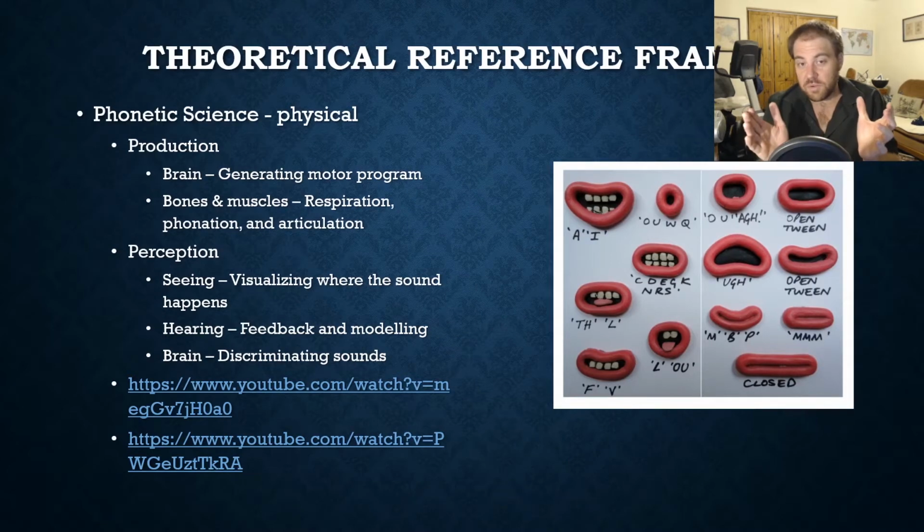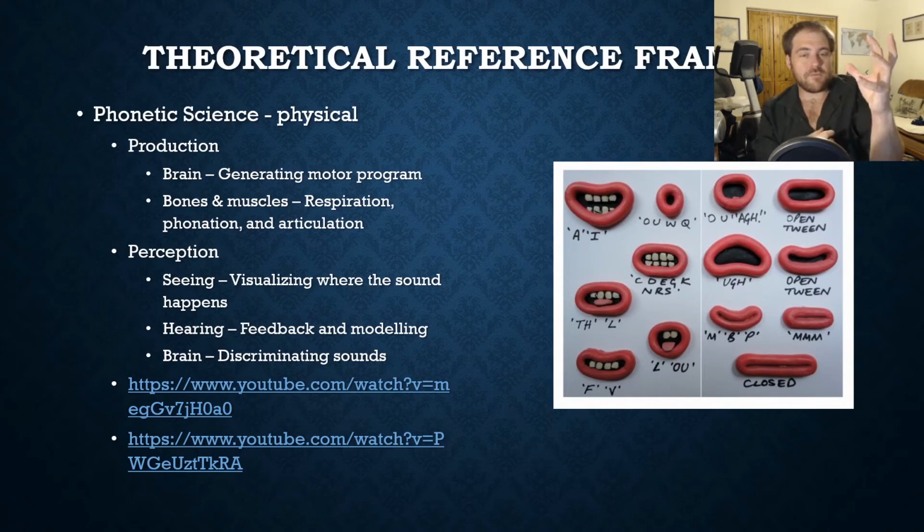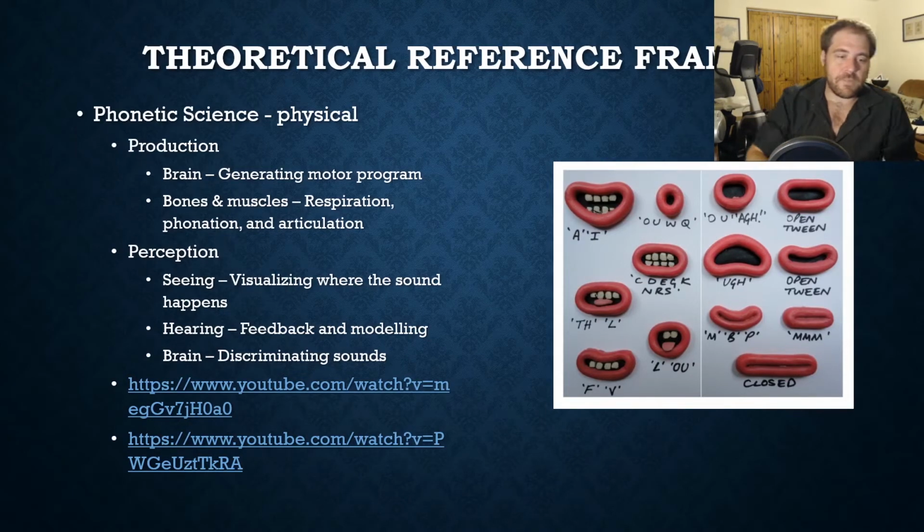We can also look at perception too. This is usually how we end up learning things. Remember when we talked about fronting versus backing, the reason why things are fronted often is because you can actually see those. You can see an f and a t, but you can't really see a k and an h.